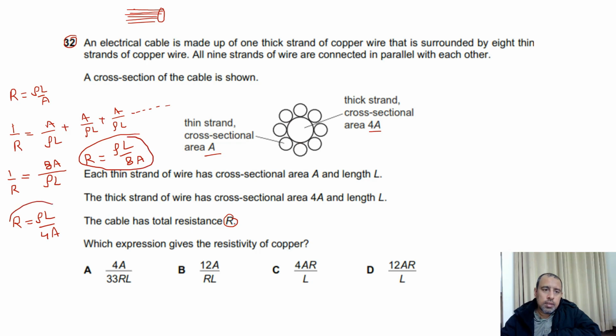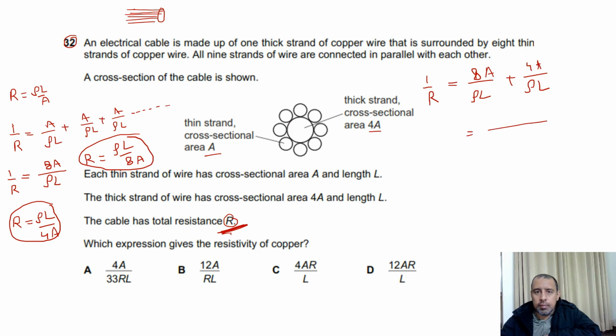these two resistors now, and we must add these resistors in parallel. So 1 over R, this R is in fact the total resistance, which is equal to 1 over R means rho L over 8A plus rho L over 4A.